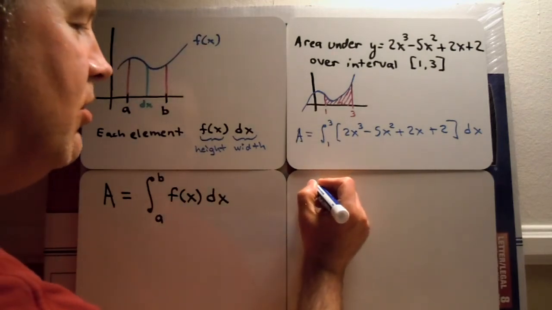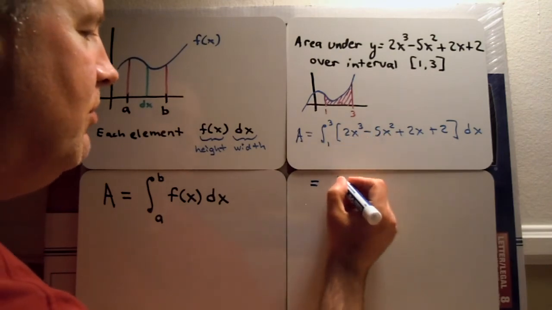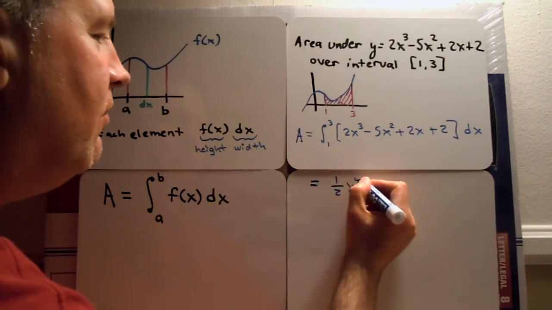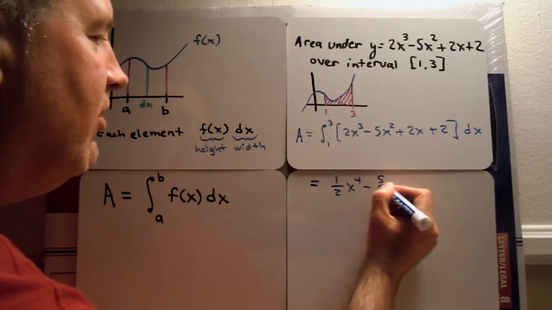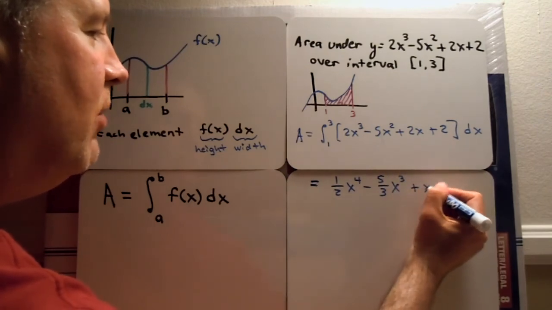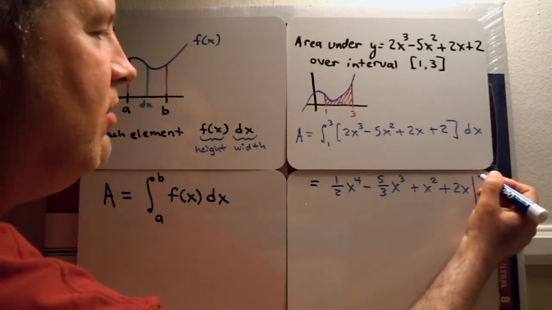So, to actually go ahead and evaluate that, the integral of each of the terms would be then 1 half x to the fourth minus 5 thirds x to the third plus x squared plus 2x evaluated from 1 to 3.